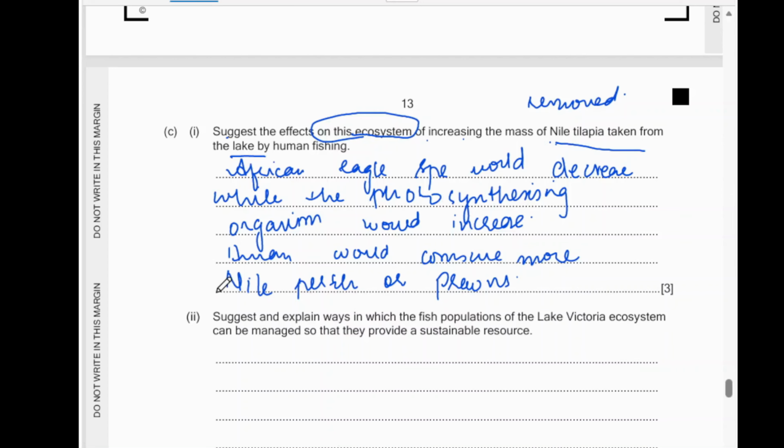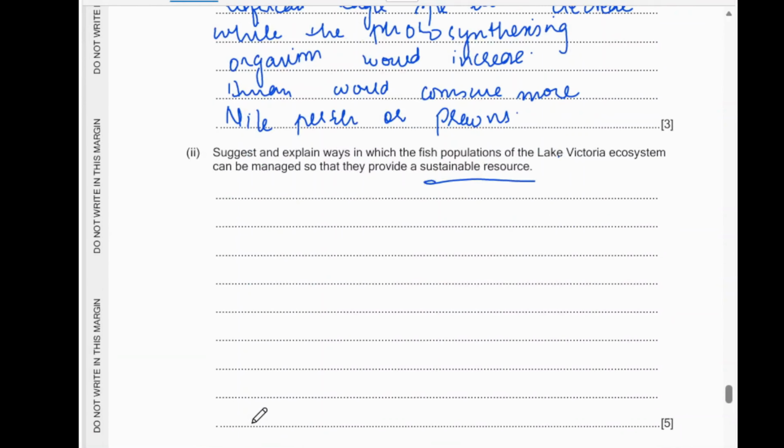Okay, suggest and explain in which ways the population can be sustained. Now due to overfishing, this one has been reduced. What can be done to sustain them, to increase their population? Small fishing nets, large fishing nets?